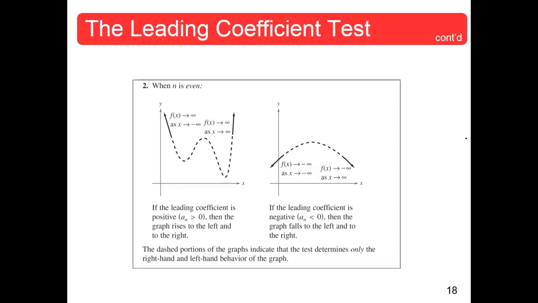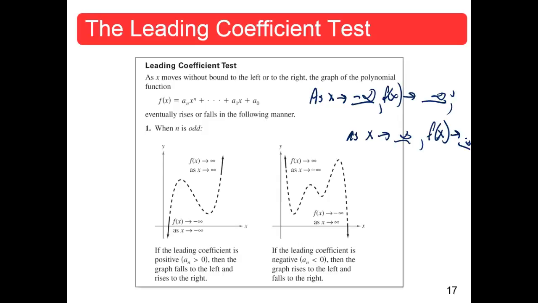Okay, so let's go back and summarize again. If n is odd, you know they're going in opposite directions. One x is going to be a negative infinity, one's going to be a positive infinity. Always. If the a is positive, then these two signs are the same for odds. If a is negative, then these two signs are opposite.